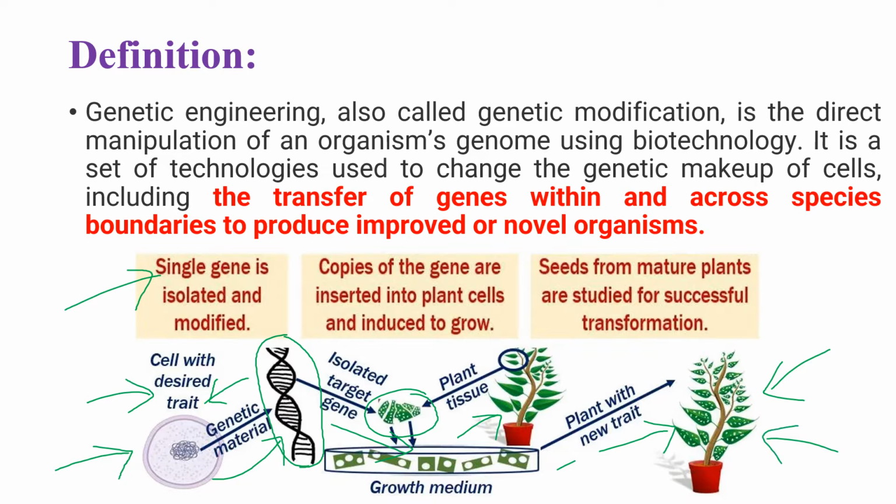For example, here the seeds from mature plants are studied for successful transformation. We will study the phenotypic characteristics as well as whether the particular gene has appeared in seeds of this plant. So this is nothing but the process of genetic engineering.